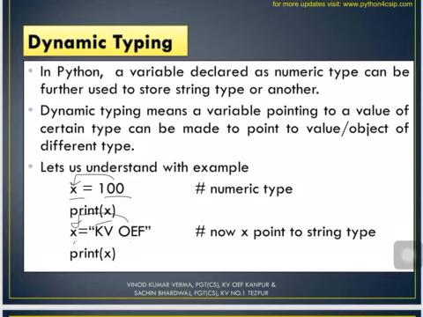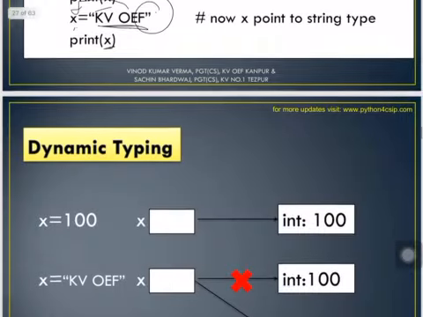This means earlier this x had a numeric value. In the next statement, "kVOEF" is a string value. So after the numeric value was assigned, in the next statement, when I assign a string value, this x becomes of type string. So this is dynamic.